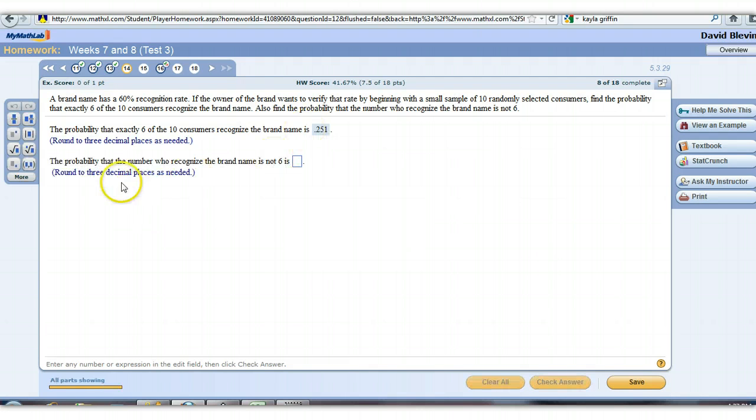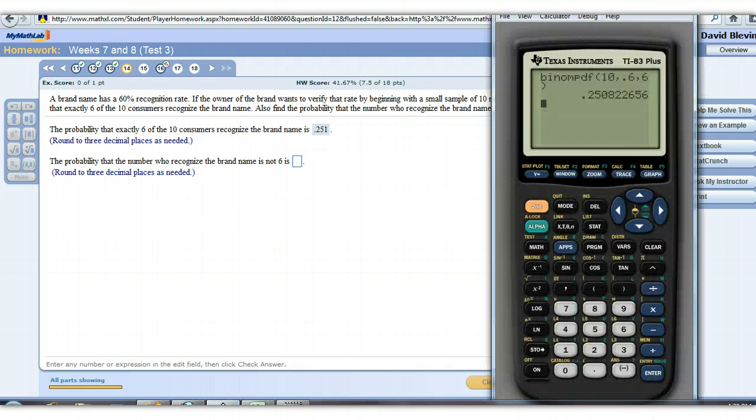Alright, what's the probability the number who recognize the brand is not equal to 6? Remember, not 6 is 1 minus the probability it is 6. So we could find all the other probabilities and add them together, but remember, they all add to 1. We just found in the previous problem the probability that exactly 6 do.